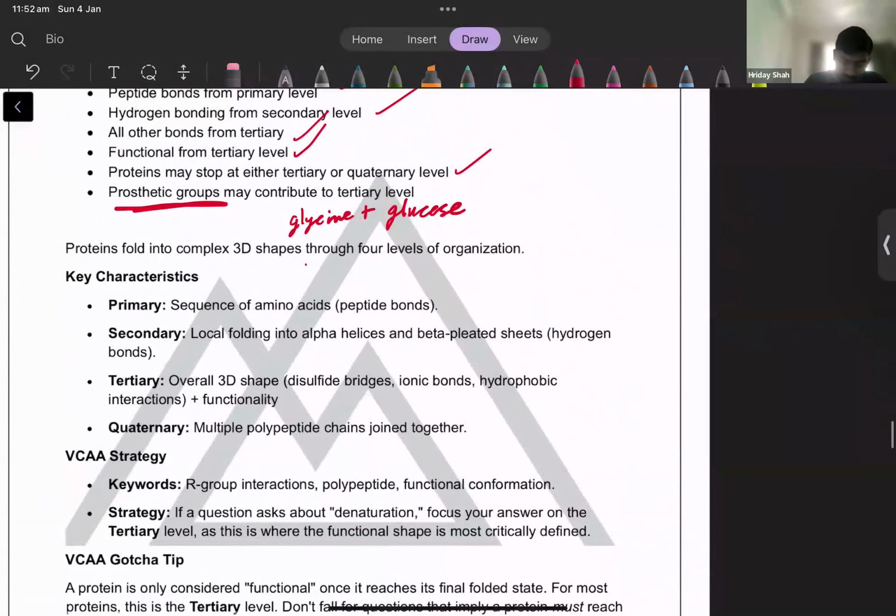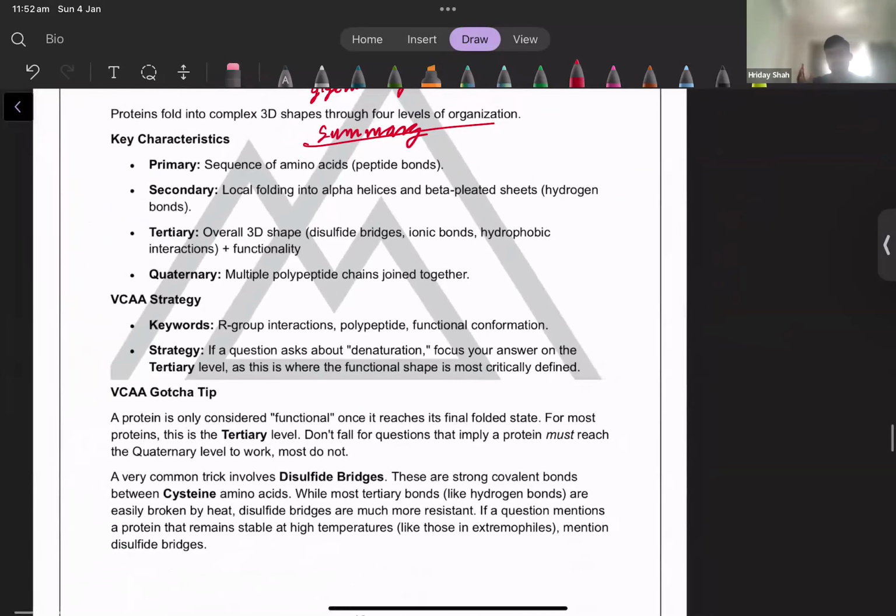Now, I think I forgot to write summary here. This is the summary page. So we've got the characteristics and definitions like primary, secondary, tertiary, quaternary levels. Hydrophobic interactions, it doesn't really matter which one you choose, as long as you know disulfide bridges and hydrogen, the most important ones.